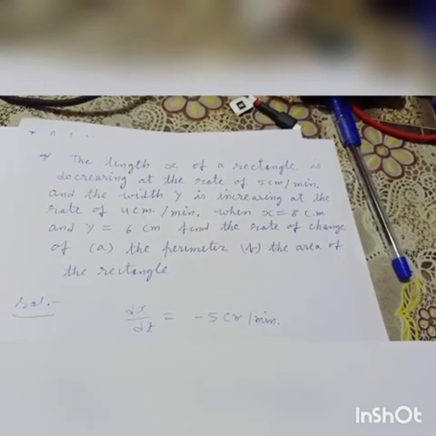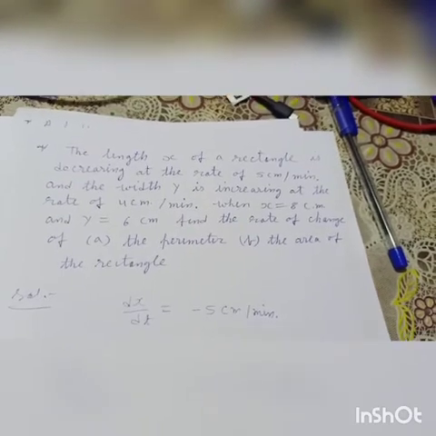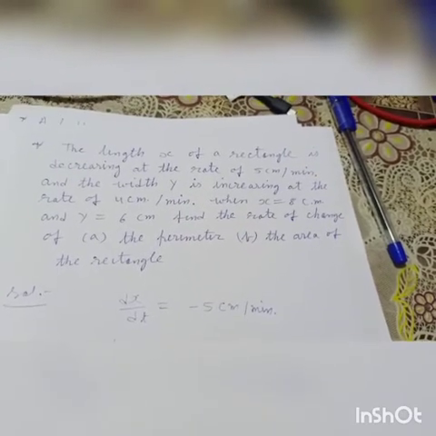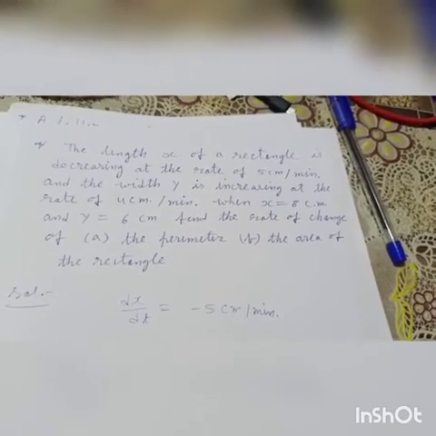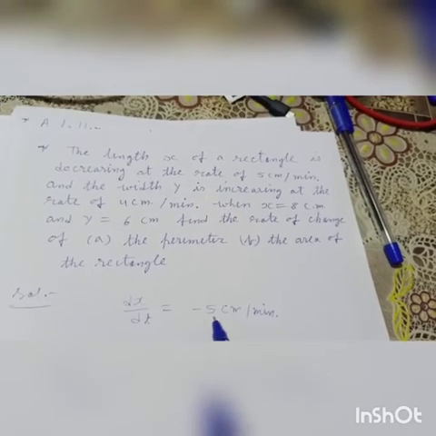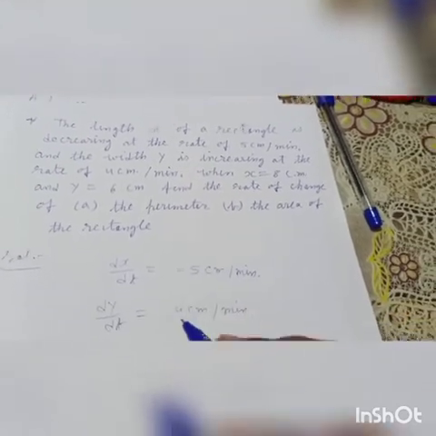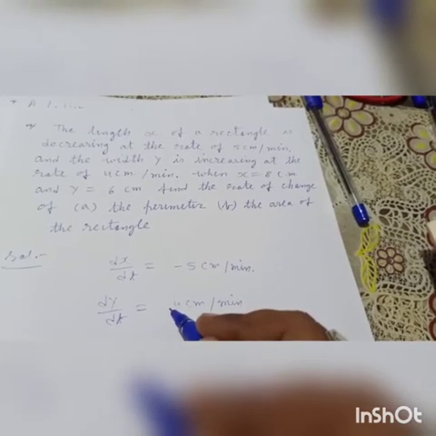And width y is increasing, dy by dt increasing 4 centimeter per minute. So since y is increasing, therefore 4 will be positive and x is decreasing, therefore this 5 will be negative.